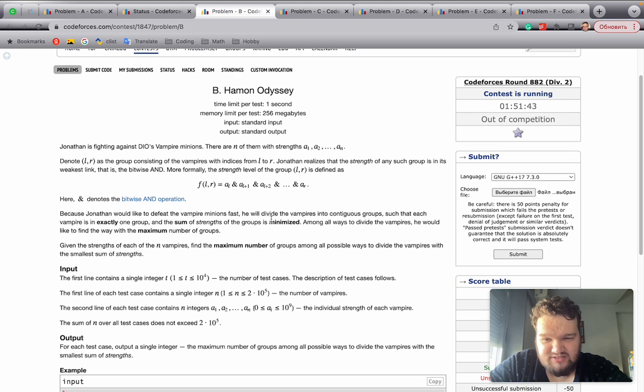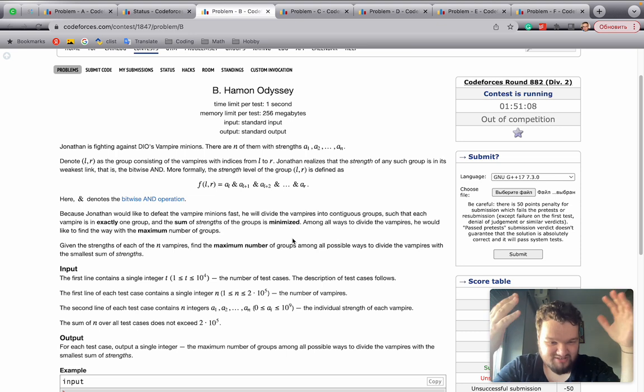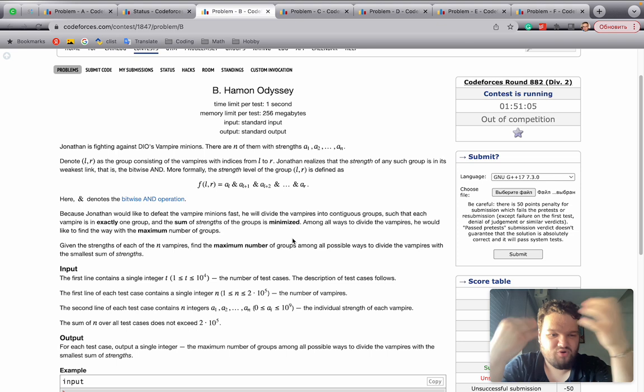Okay, so we want the sum of ANDs of segments to be minimized, but having that, we want to maximize the number of groups. What the problem is about is that we don't want to split the segment into smaller segments, because that would increase AND values. The AND value can only decrease when we have more elements.